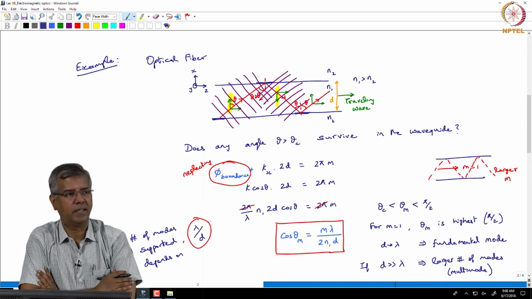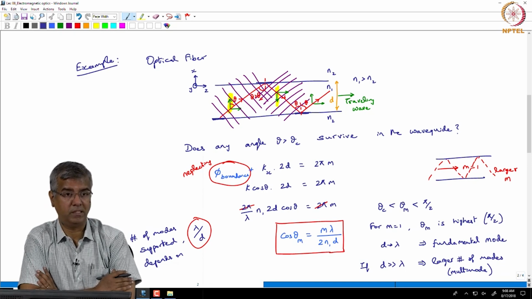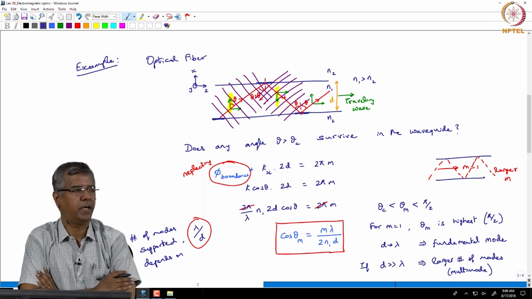But then we saw that you really have to consider them as waves, and so it basically accumulates phase as it's propagating, and to satisfy Maxwell's equations, you need to satisfy the boundary conditions.